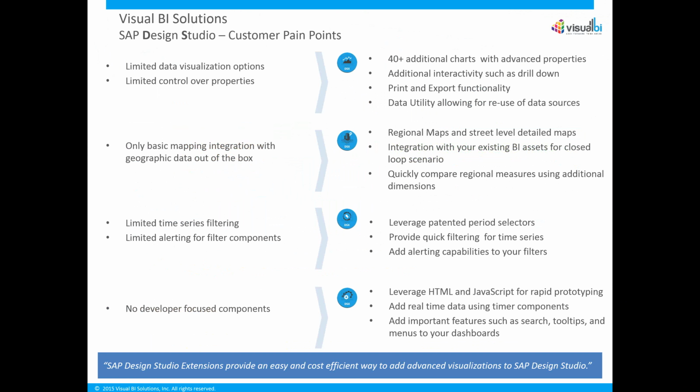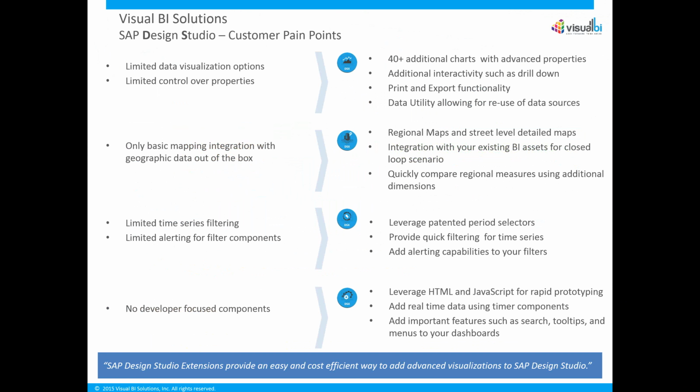We have regional maps, for example the US and its states, or Germany and its districts, but we also offer maps that can go down to street level detail. Not only do we offer these maps, we also integrated the functionality with your existing Business Objects systems. I will show that in the demo. We also have features that allow you to quickly compare additional dimensions, not geographical ones, around your measures.